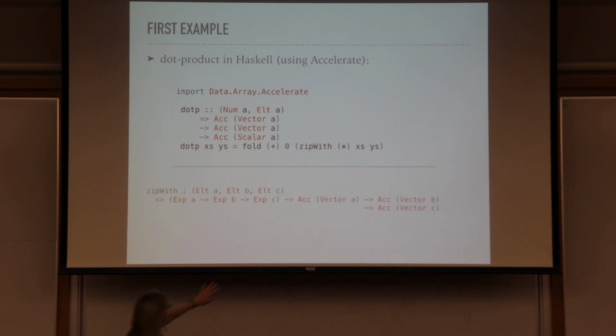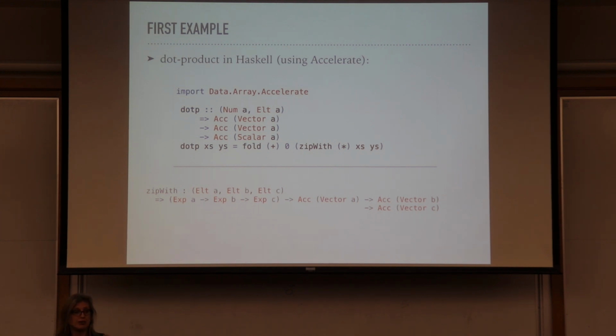So this expresses a parallel computation that results in a vector, and zipWith says, I want a function which takes two sequential abstract syntax trees which describe a sequential computation and give me a new one, and then it applies that in parallel. So the type says that the function has to be a sequential function, and the parallelism comes in with zipWith.